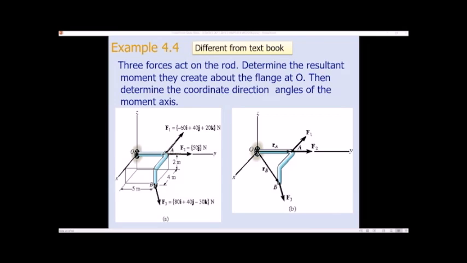Okay. So for this question, first what we need to do is to draw the free body diagram. So this is the free body diagram. You can see that there are two position vectors that connect or intersect with the forces.